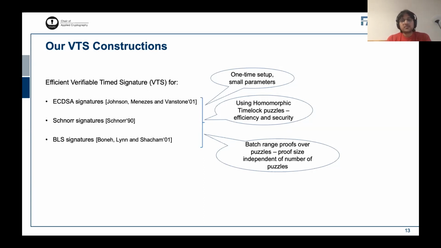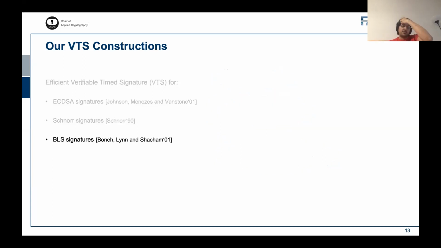Okay. So let me give an overview of our BLS signatures, because I think that is easier to understand, and Schnorr and ECDSA follow from the same idea.